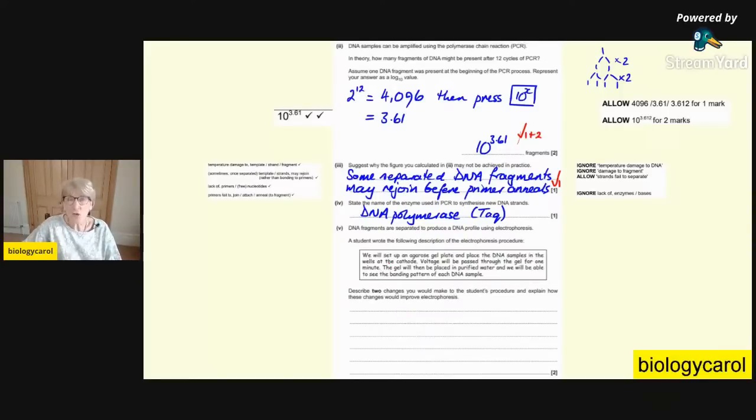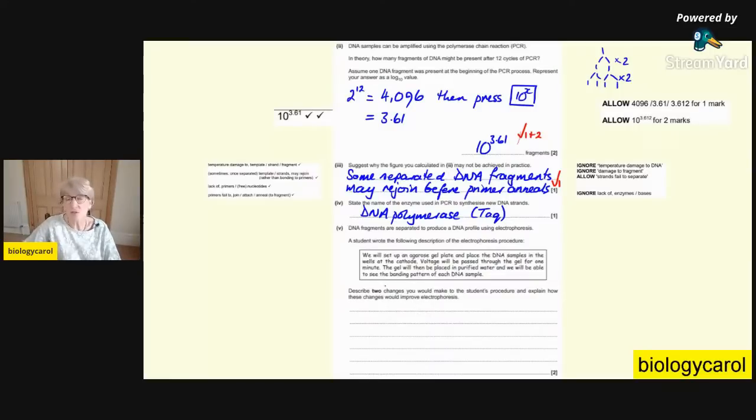I'd got through two of the lines out of five before I thought I'd spotted my first possible mistake. The gel will then be placed in purified water. Here's another one. It isn't going to be purified water, it's going to be buffer solution. And we'll be able to see the banding pattern of each DNA sample. To be quite frank, it isn't quite as simple as that.